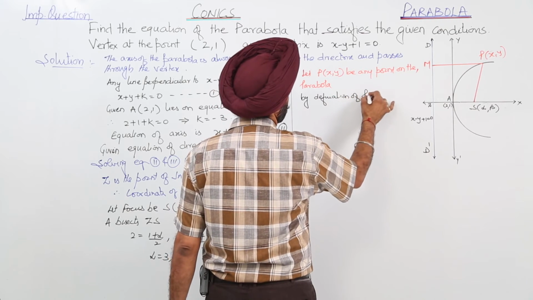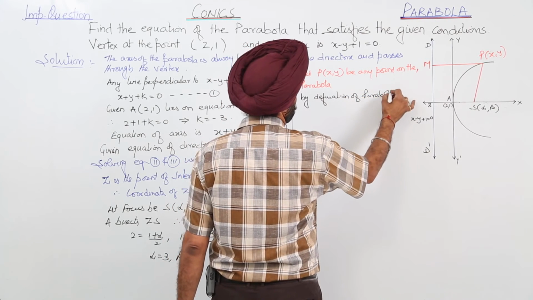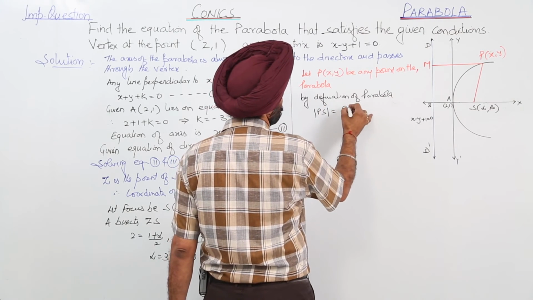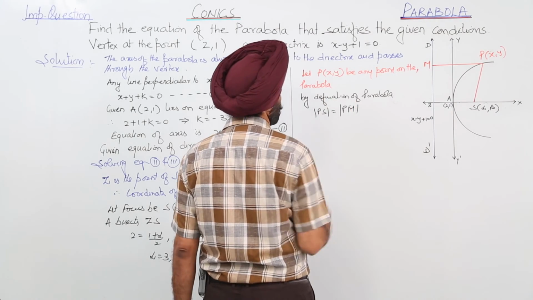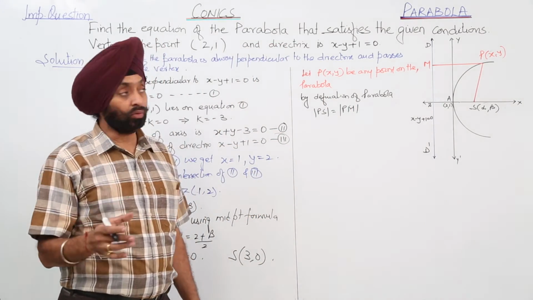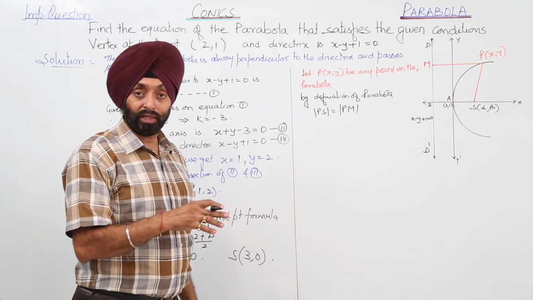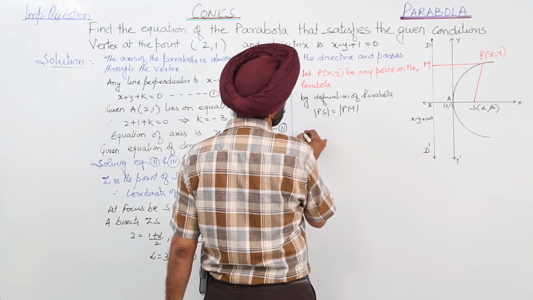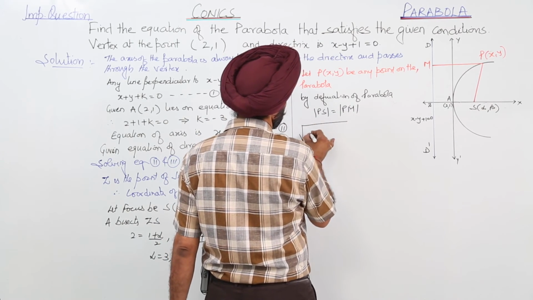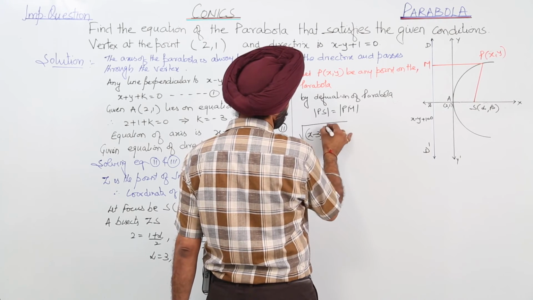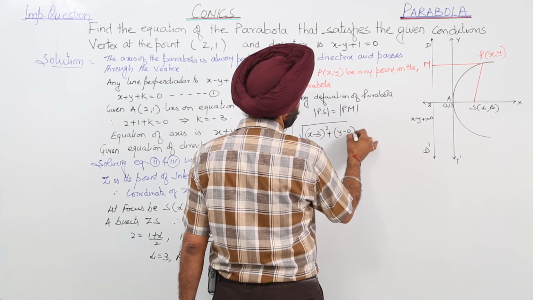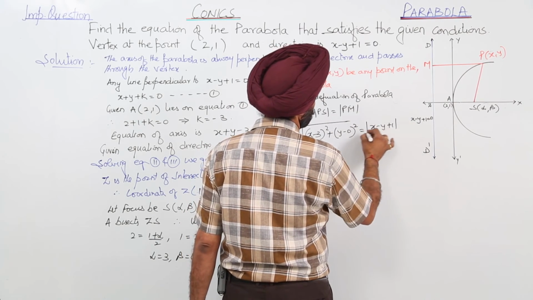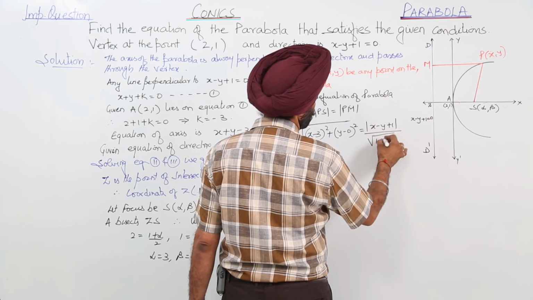By the definition of a parabola, PS is equal to PM. Again PM is the perpendicular distance on the directrix from P (x, y). So for PS, using the distance formula, we have the square root of (x minus 3) whole square plus (y minus 0) whole square is equal to (x minus y plus 1) upon square root of 1 plus 1.